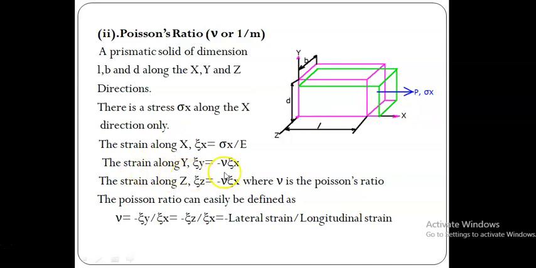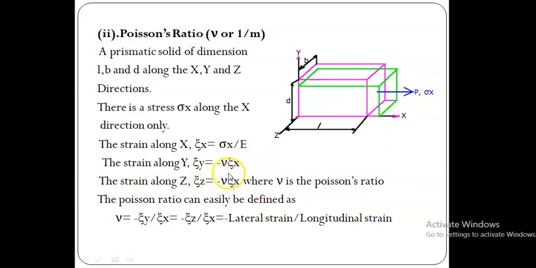Yes, so that is given here. The strain along the y direction, along the lateral, epsilon y is equal to minus nu into epsilon x. So this strain is determined in terms of the linear strain.